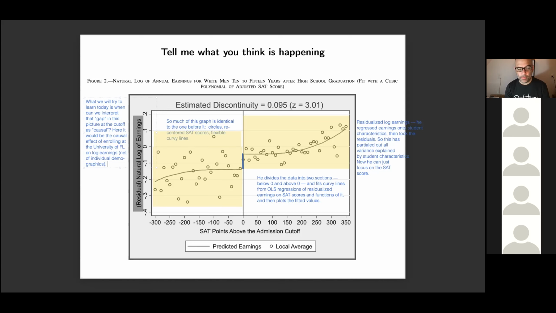But putting aside when we can interpret it as causal, notice the interpretation. There is a 0.095 gap at SAT score equals 0. That is a 9.5% increase in earnings, approximately.